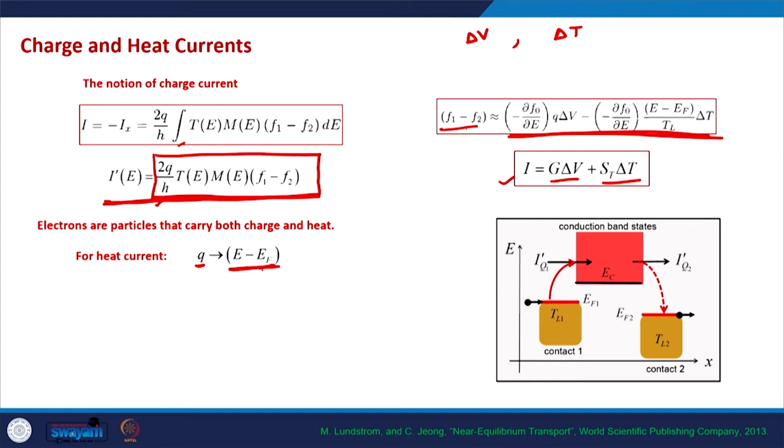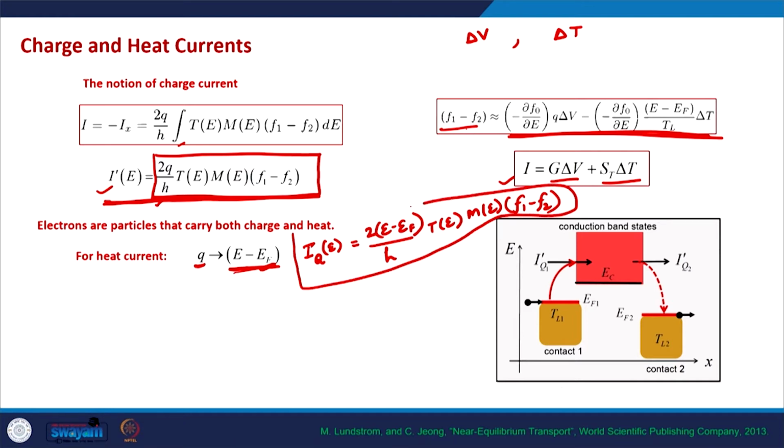This comes mainly from metals or conductors, and if we just replace Q by E minus EF in this expression, it will give us the heat current. So, the heat current at a certain energy E will be 2 times E minus EF divided by h, times T(E) times M(E) times F1 minus F2.